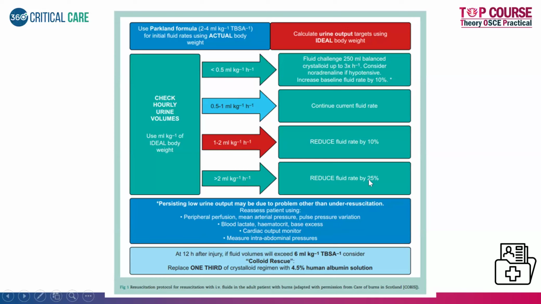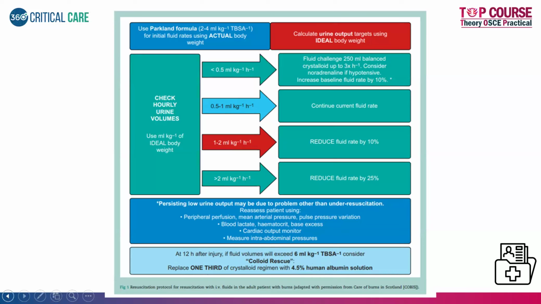They have also said that you can use something called a colloid rescue. That is usually at the end of the 12th hour, if the volume required is more than 6 ml per kg body weight per percent total body surface area of burn involved, you can use one third of this fluid volume as a colloid, that is 4.5% albumin solution. So this is something that you need to consider.